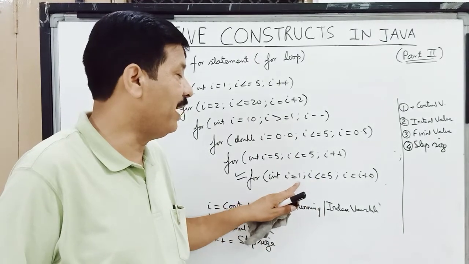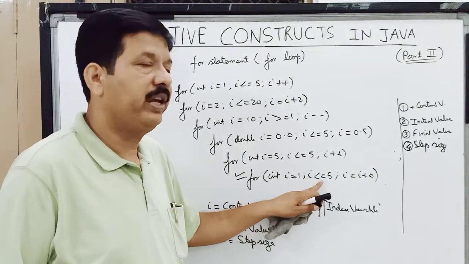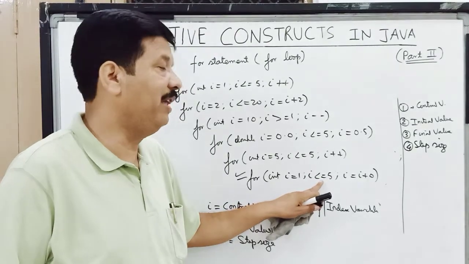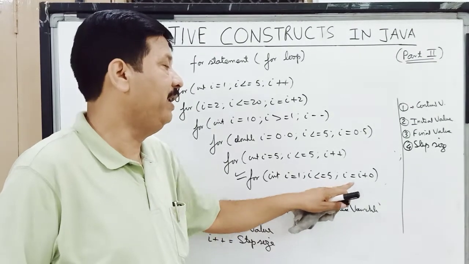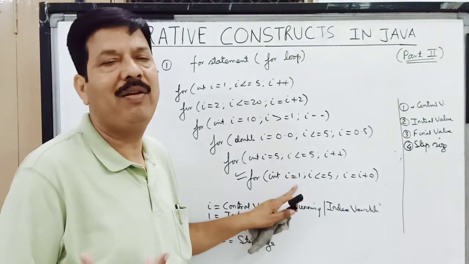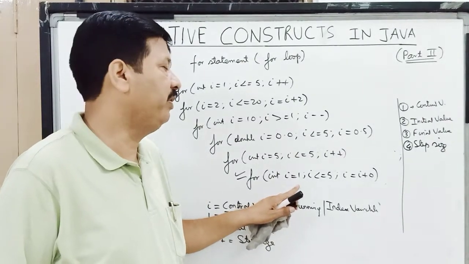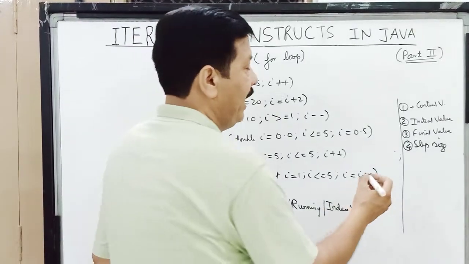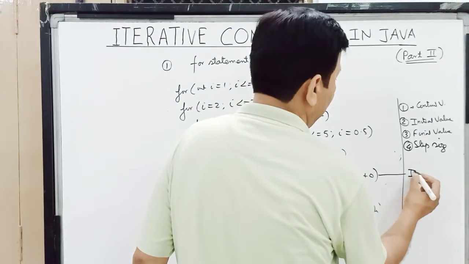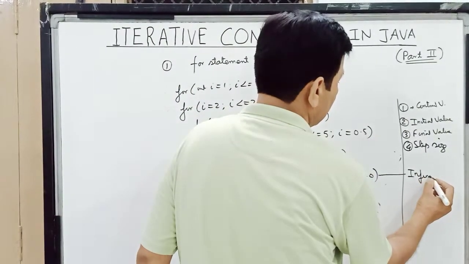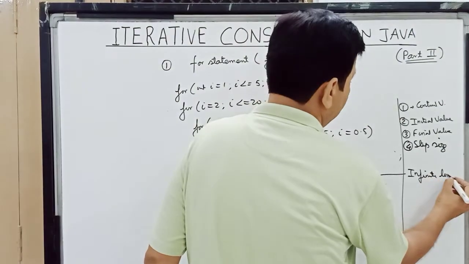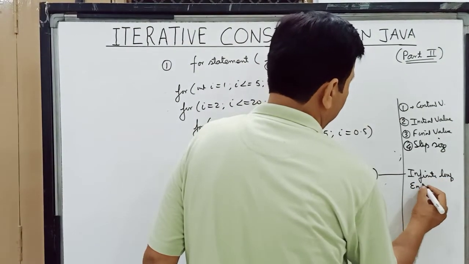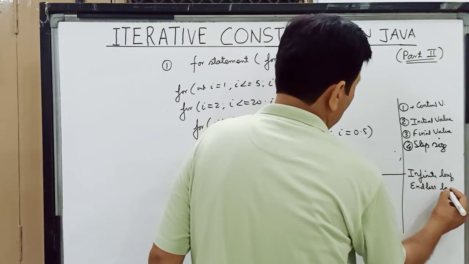Since the value of i is 1 and I am checking for the condition till less than equal to 5, and if I am adding 0 to it, it will always become 1, and this condition will always be true. So this will become an infinite loop, or we can even call it an endless loop.